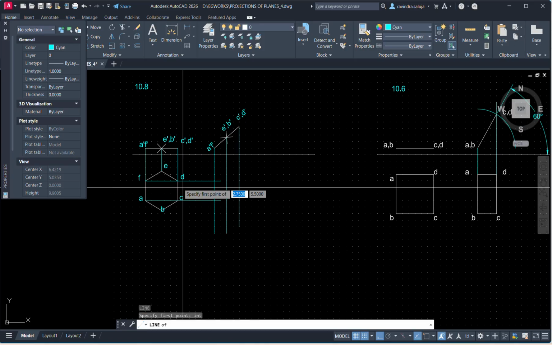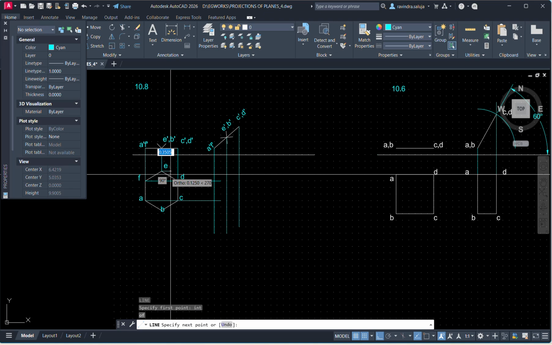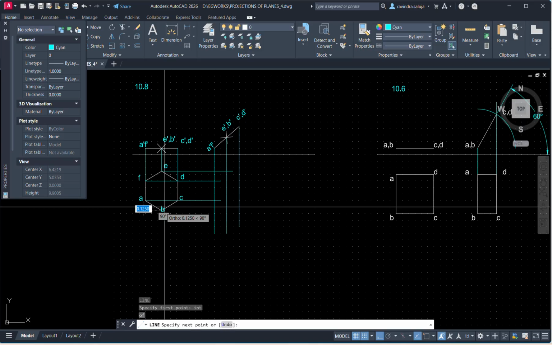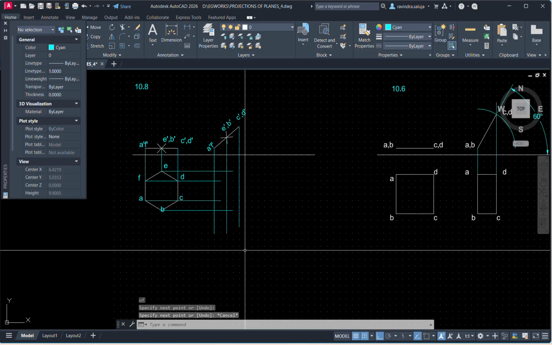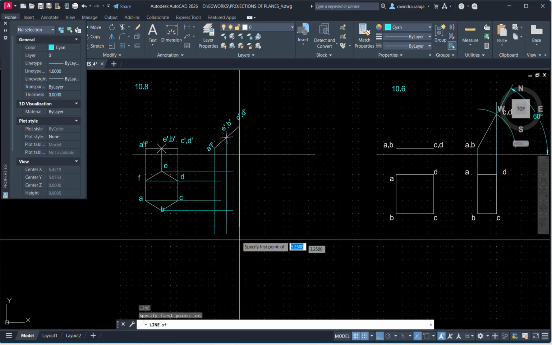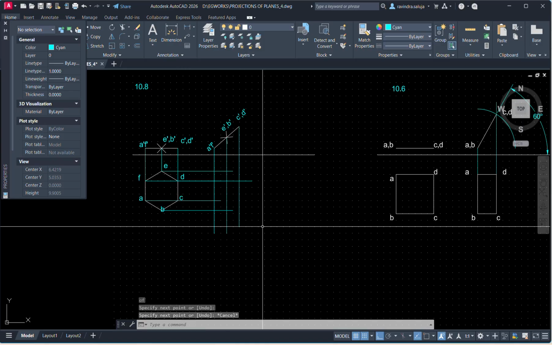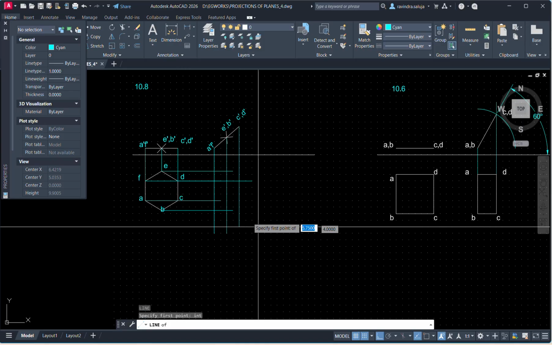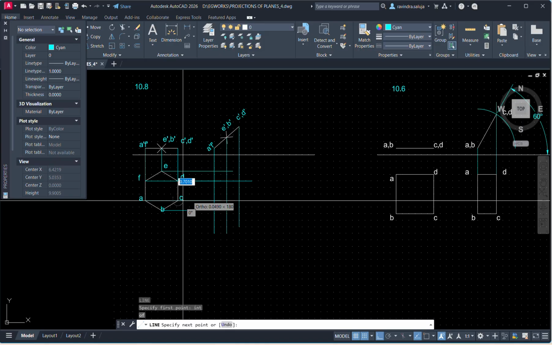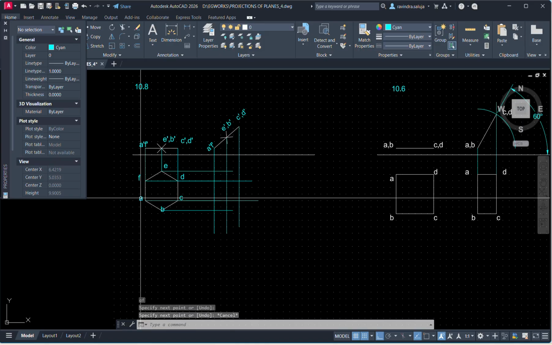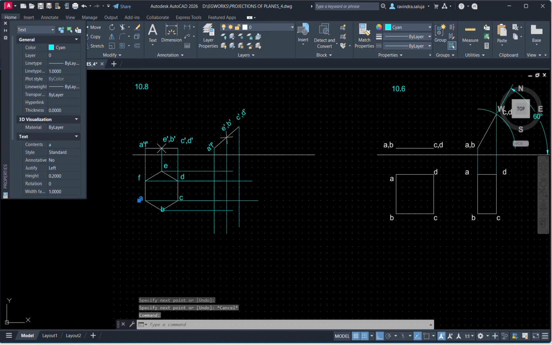Similarly, E and B lying on this point. Similarly, D and C lying on this point. Okay, so we can mark, so we will get a better idea.